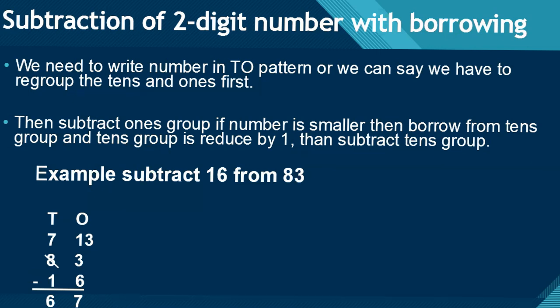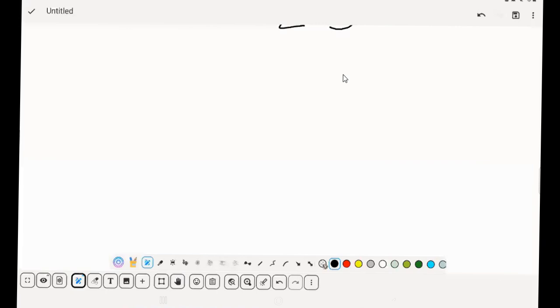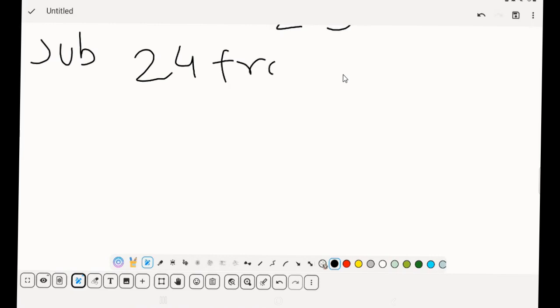Now we will see some more examples. So quickly move to the whiteboard. So suppose that we need to subtract 24 from 51.